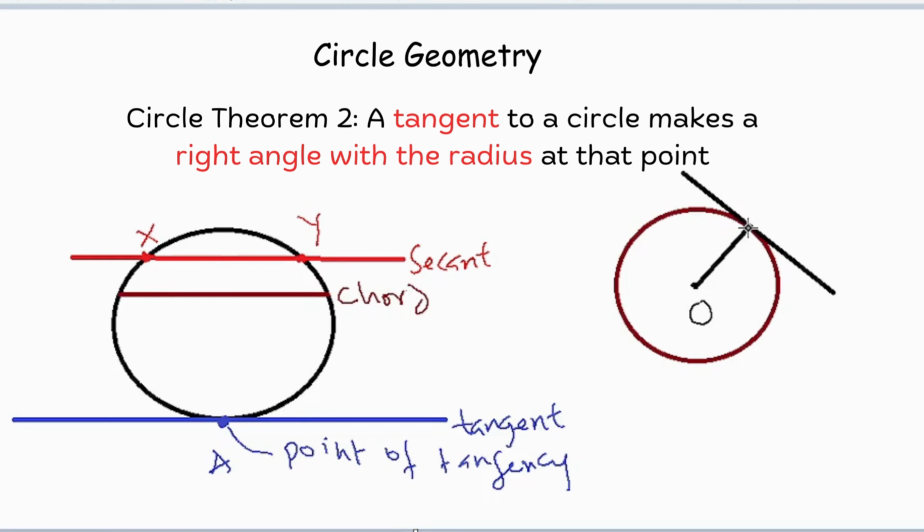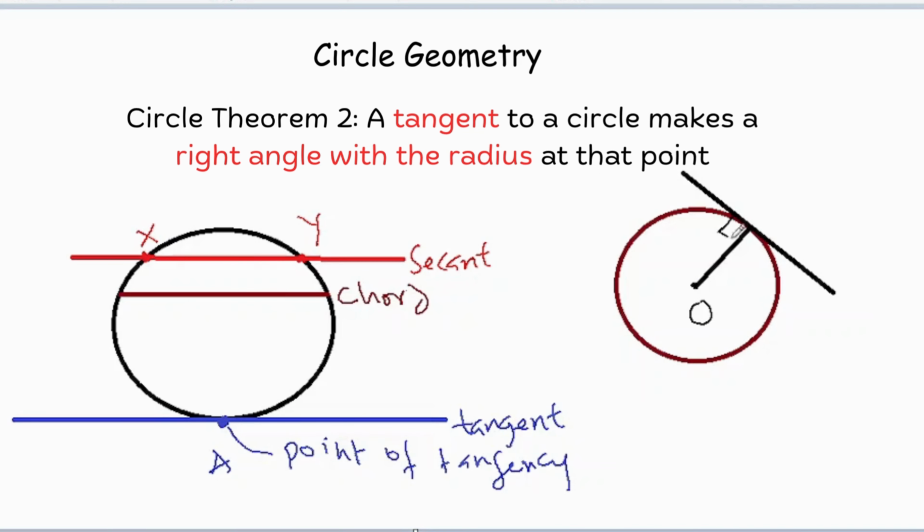to the tangent. So when the radius intersects the tangent of a circle, then a right angle is formed. The radius of a circle is perpendicular to the tangent of the circle at the point of tangency. So we say this angle is 90 degrees.